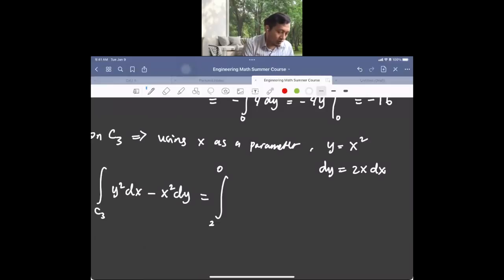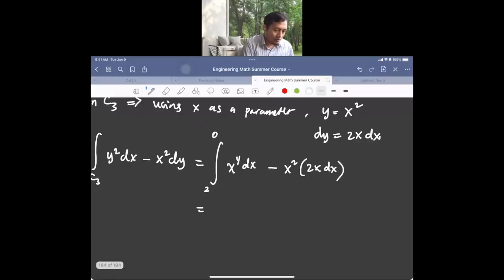And substitute y with x squared. So x to the fourth dx minus x squared, and then this is 2x dx. So this will be 1 over 5 x to the fifth minus, this is 1 over 2, x to the fourth, so 2x cubed, x to the fourth divided by 4, right?